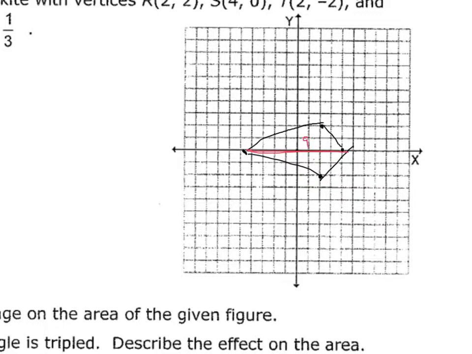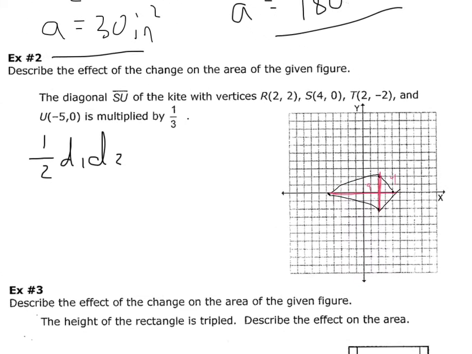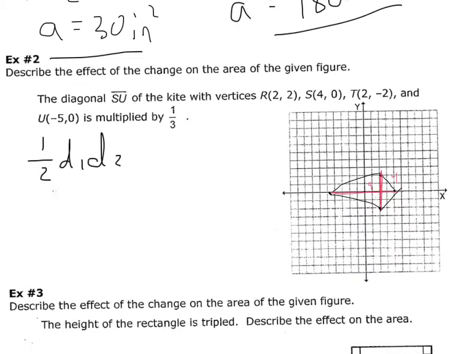And we have 4 for our other diagonal. Okay, so let's go ahead and plug that in. Okay, so we're going to have 1/2, 9 times 4, which is 36, and 1/2 of 36 is 18 units.